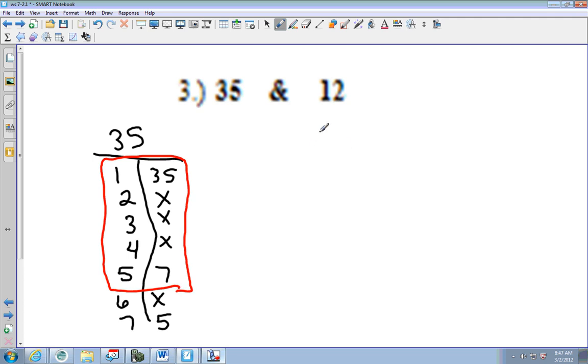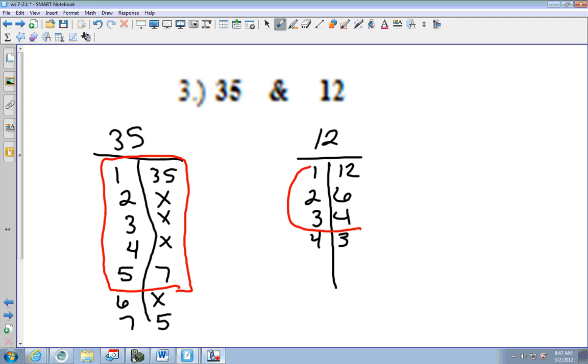So let's look at 12. I've got 1 and 12, 2 and 6, 3 and 4, 4, 3. Oh, we're repeating ourselves. So we've only got this right here. But wait, you're only looking at this right here.